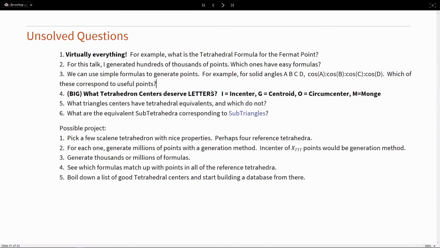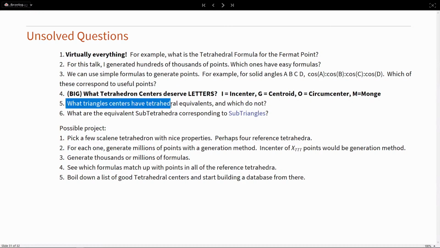What are the other tetrahedral centers that can fill out the rest of the alphabet? With the triangle centers, the alphabet is already pretty much filled. But there's so little known about tetrahedron centers that basically, if you come up with something interesting enough, it might get a letter assigned to it permanently.